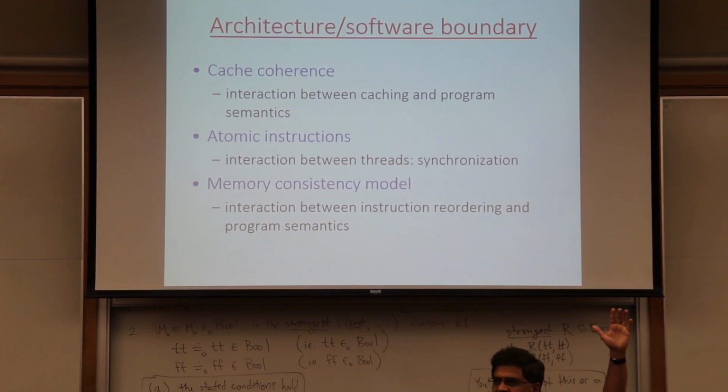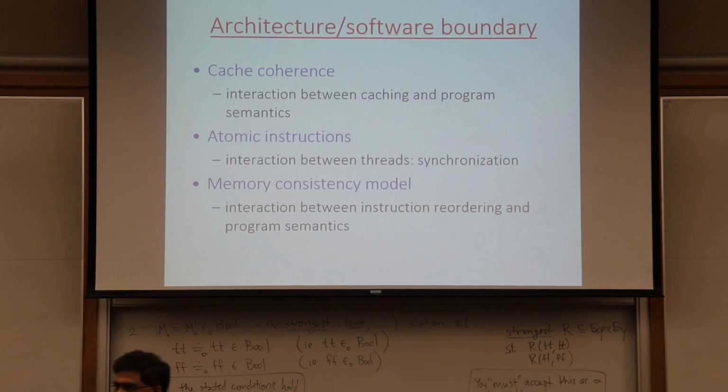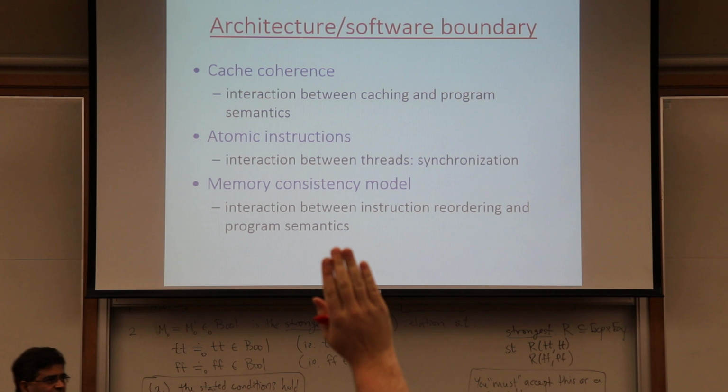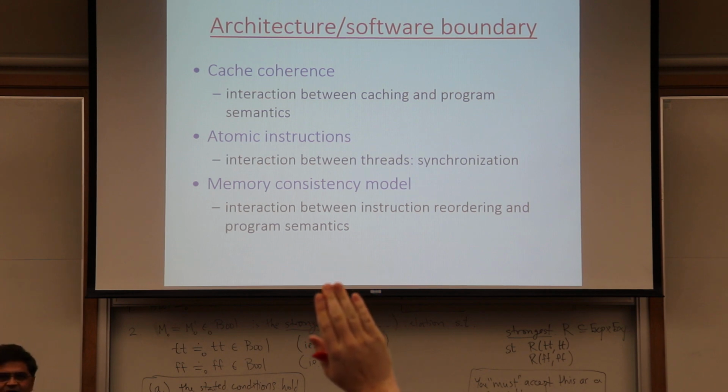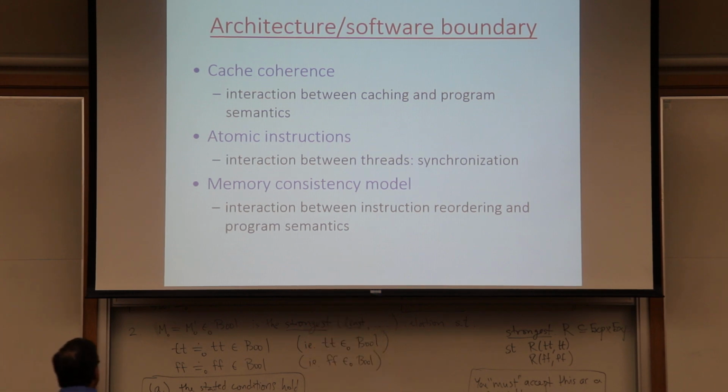Okay, raise your hands a little higher. So, okay, so that's about half the class. How many of you know atomic instructions? Oh, a lot more. Okay, well, that's interesting. Okay, so I'm going to cover each of those in a little bit of detail because I think roughly half the class doesn't know about these things, and that's just fine.